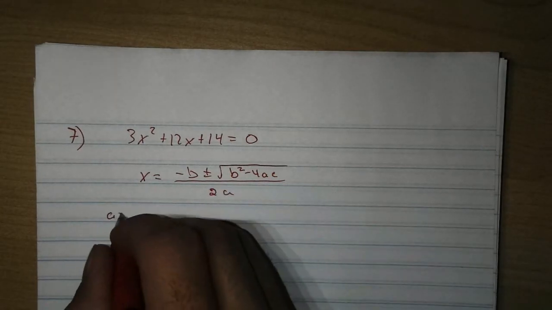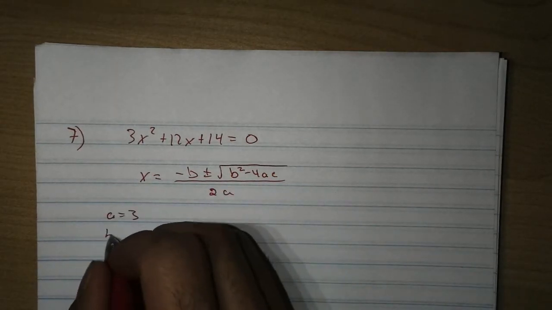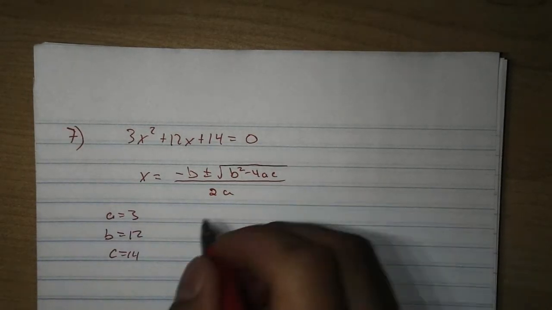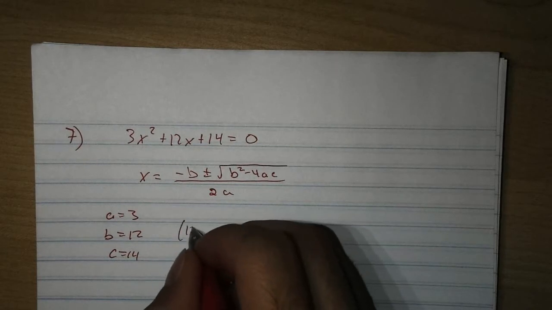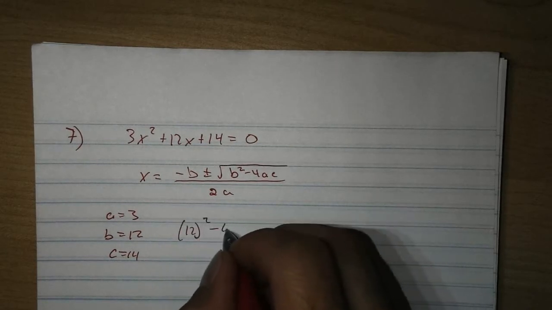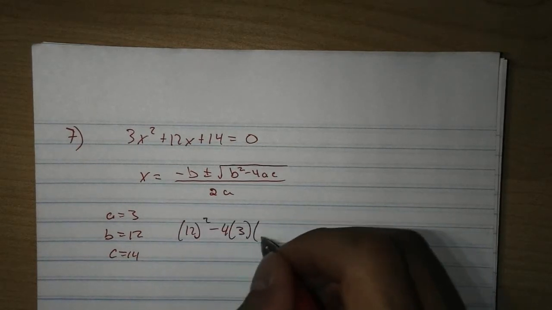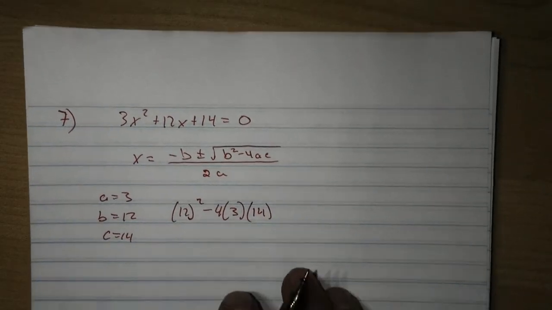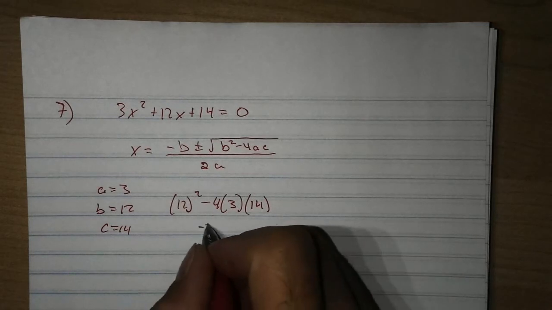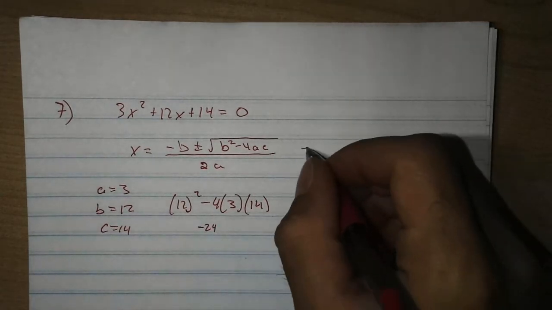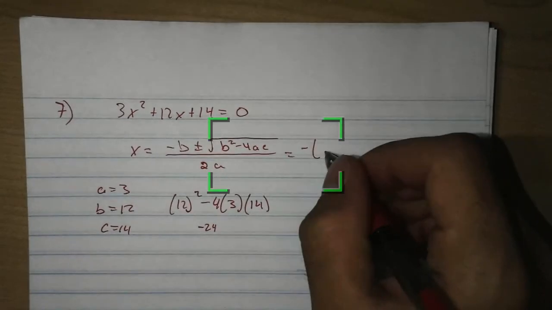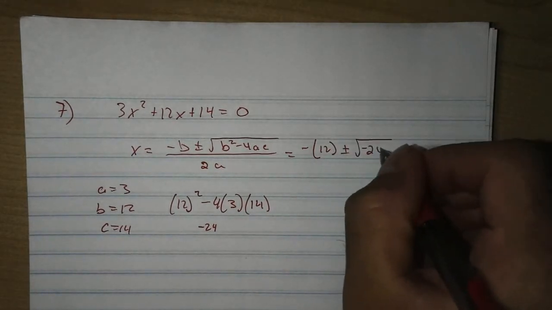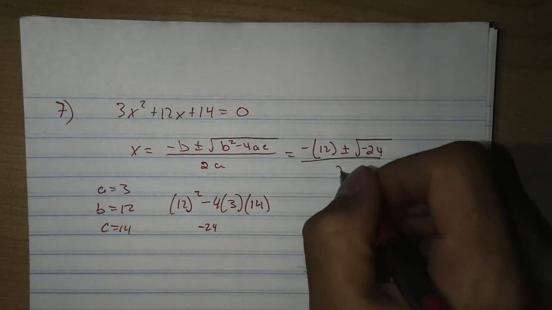So a is equal to 3. So I'm going to start by using the discriminant. So b squared, so 12 squared minus 4 times 3 times 14. If you can get this answer, you'll be able to do it a little bit easier on the test. Get negative 24. So do negative 12 plus or minus the square root of negative 24 all over 2 times 3.